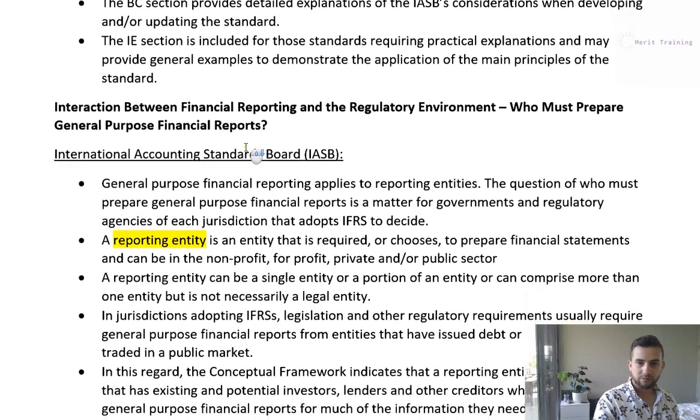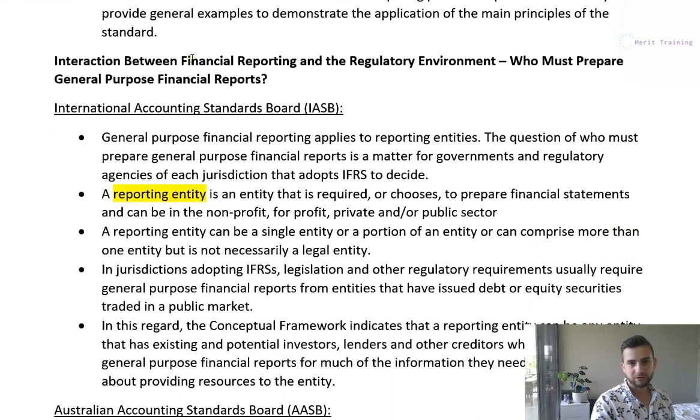Okay, so moving on. Interaction between financial reporting and the regulatory environment. Who must prepare general purpose financial statements? I mentioned before that there's two types: general purpose and specific purpose. Specific purpose financial reporting is for a specific audience, whereas general purpose is for a larger audience.